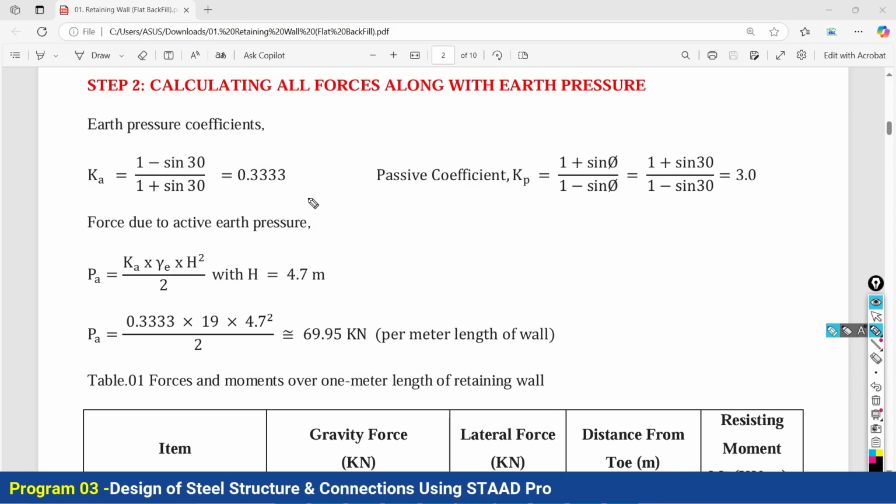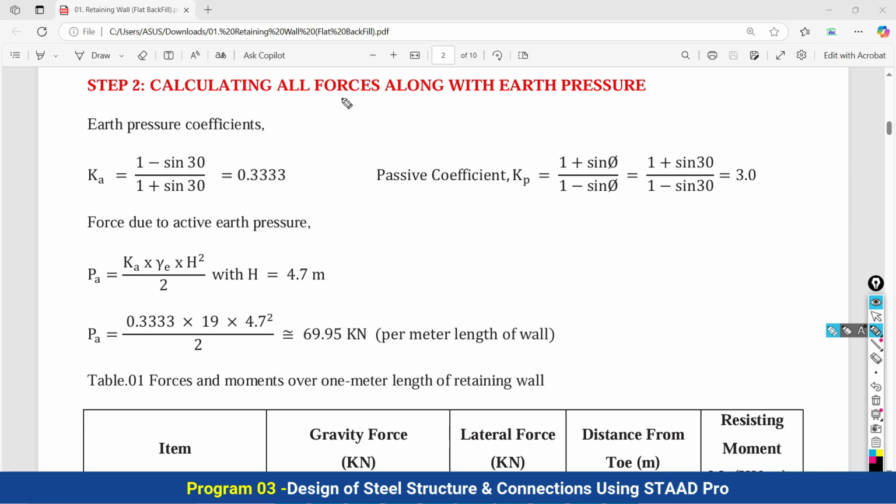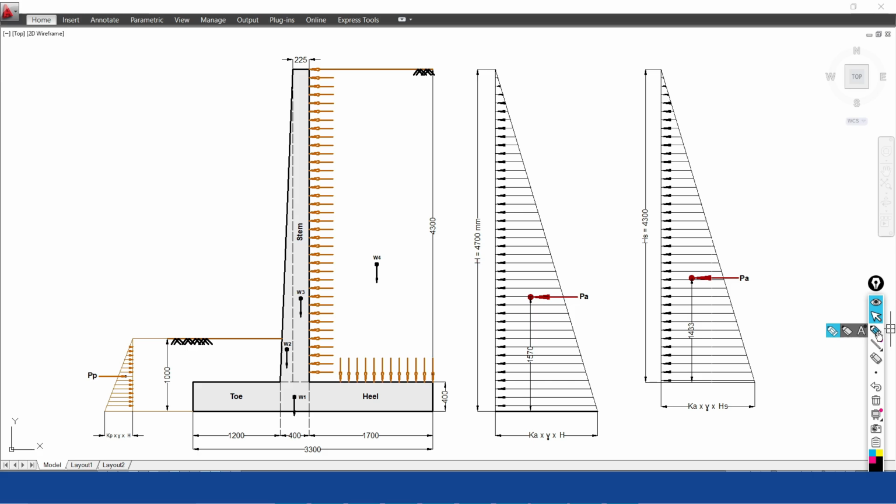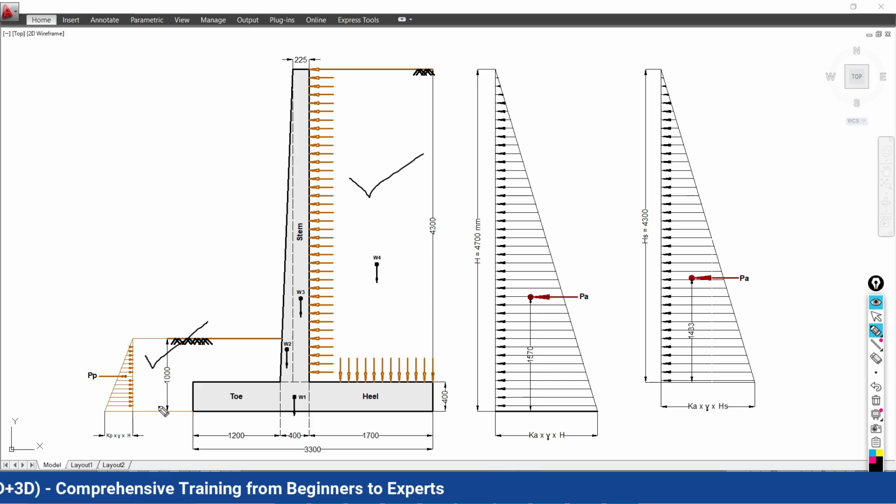Now in the next step we are going to do the calculation of all the forces along with the earth pressure. So firstly try to understand what is meant by the earth pressure. As you can find from this figure, your earth mass is present on this side as well as on this side.